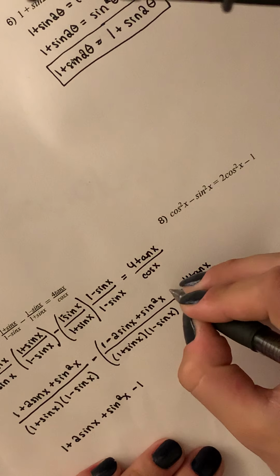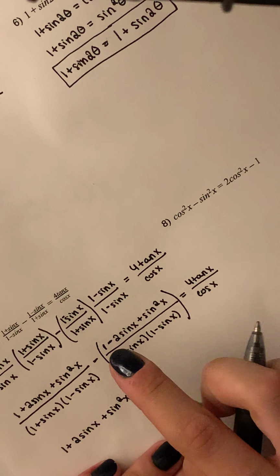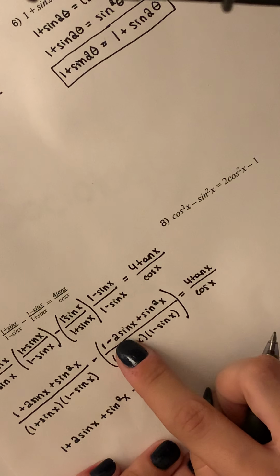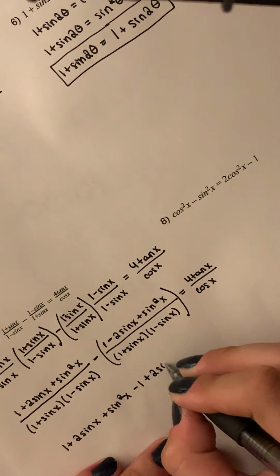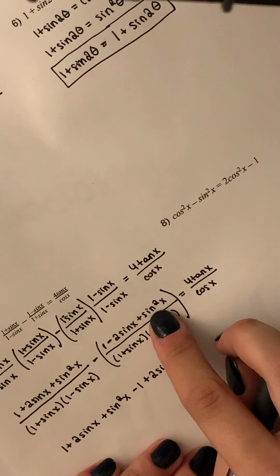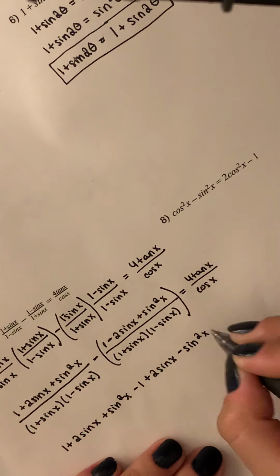I'm going to put this whole thing in parentheses so it's clearer. You subtracted your 1, so you got your negative there. You're subtracting a negative 2 sine x, so that double negative will become a positive 2 sine x, and you're subtracting a positive sine squared x, so that will remain a subtraction sign.